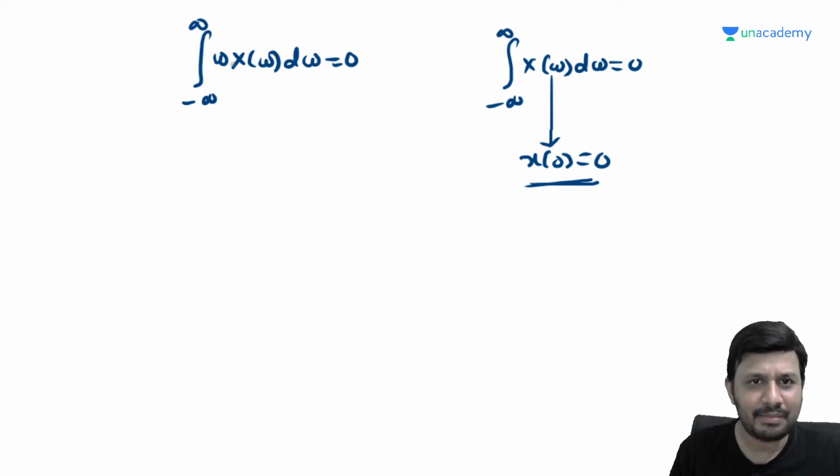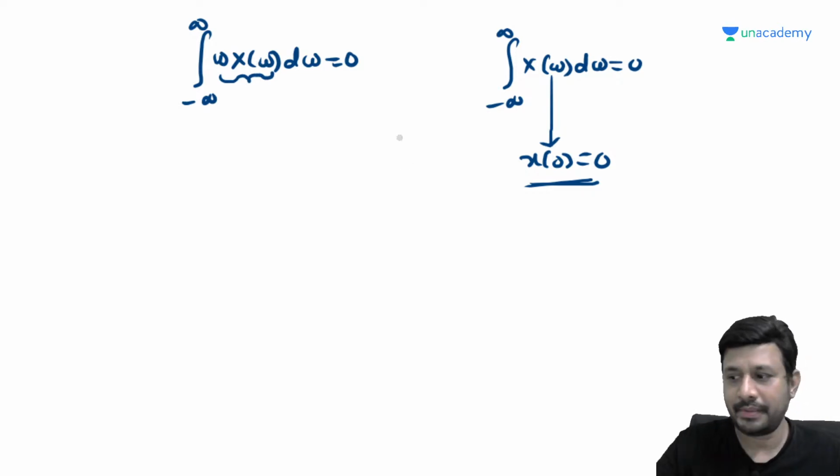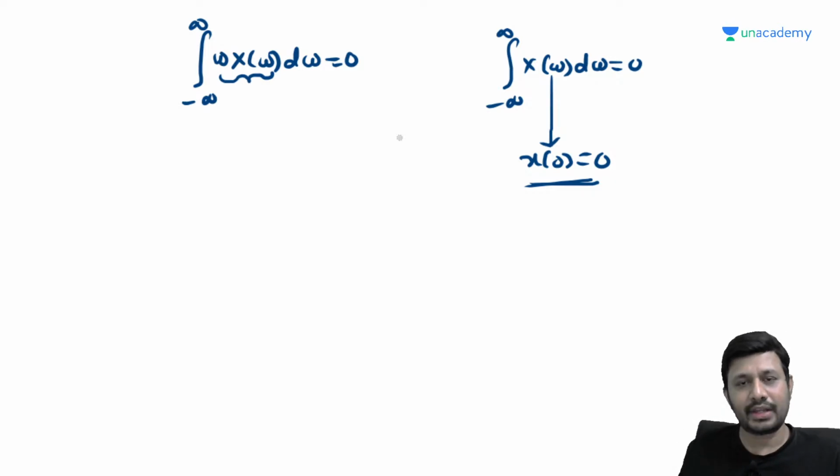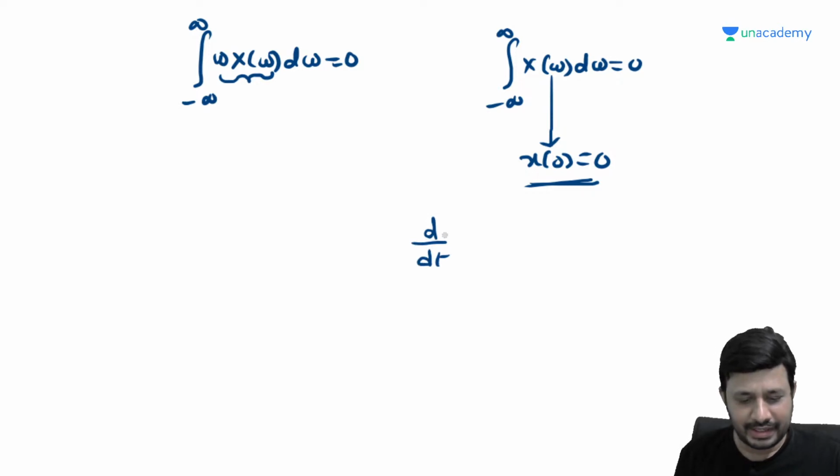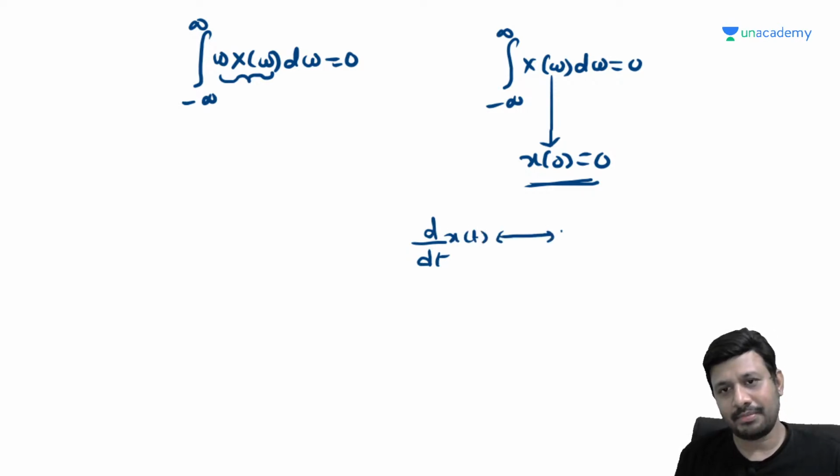Now applying the same, what is the inverse Fourier transform of omega times X of omega? Can you tell me? Use your differentiation in time property. d by dt of x of t has Fourier transform j omega times X of omega, right?